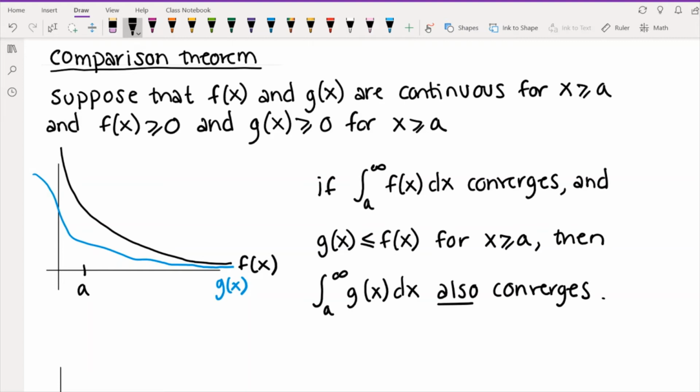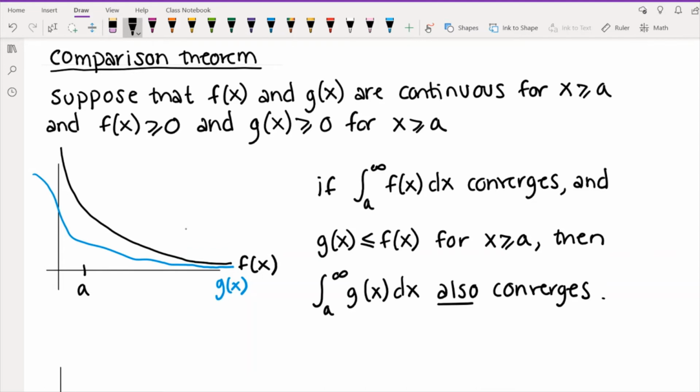I found that a lot of students get this confused with another version of it that we'll do in a minute. And I think a lot of the confusion arises from trying to memorize this. I just don't think this is something you really have to memorize, because if you just draw a picture for yourself, it will make sense, right? What does it mean for an improper integral to converge?